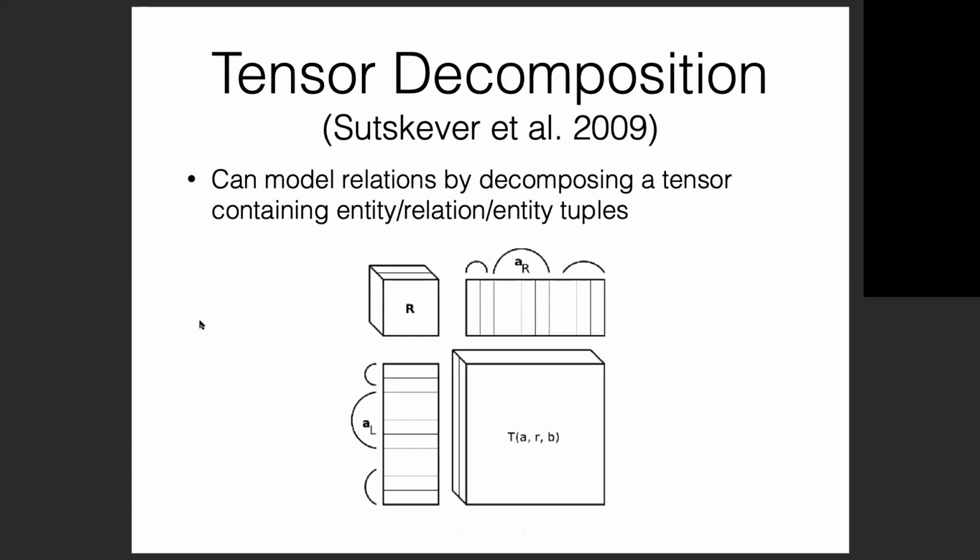So if you have a tuple of entities, a relation, and an entity, basically this gives you a three-dimensional tensor. You can do a low rank approximation of this tensor, and then use this low rank approximation to try to complete the other parts of the tensor that have not been filled in explicitly in the knowledge base.